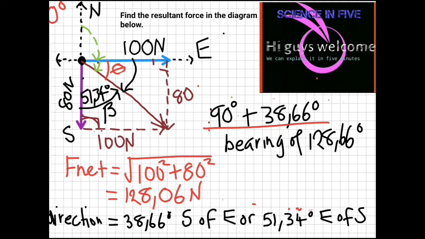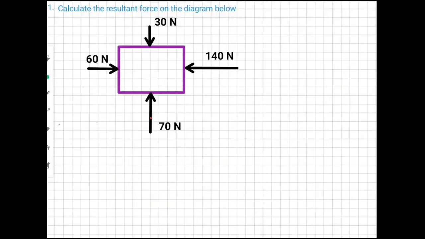Let's look at another set of examples where we explore this top and trig technique. It's a technique that you need to always add perpendicular vectors. Once the vectors are perpendicular, in other words, the angle between them is 90 degrees, you will use the top and trig method. So in this diagram, we are asked to calculate the resultant force acting in the diagram below. When we look at this, we can see that there are horizontal forces and vertical forces.